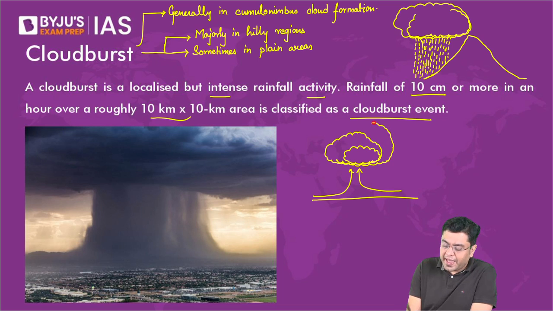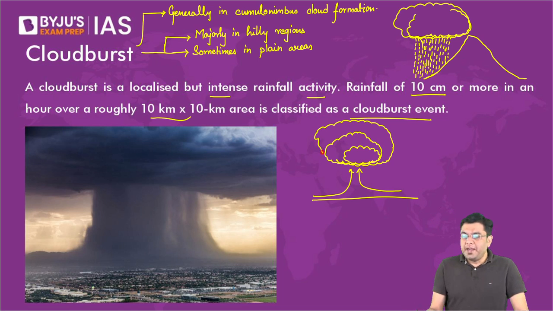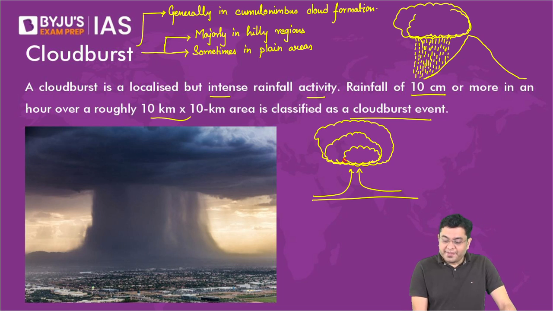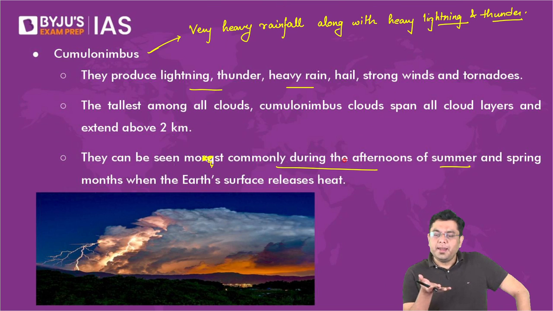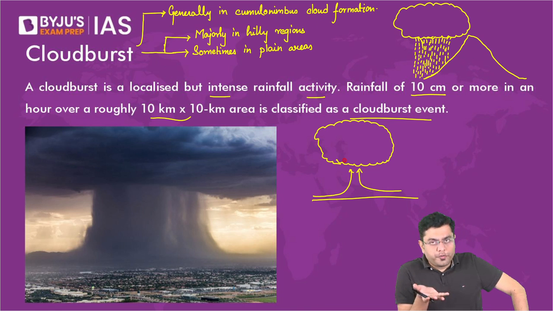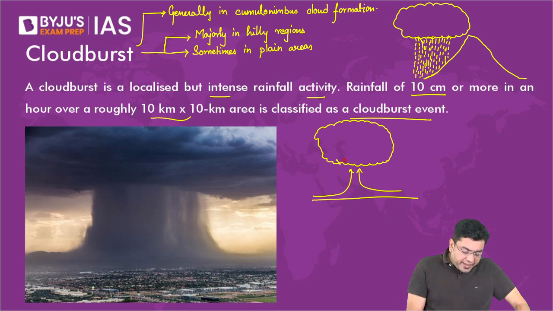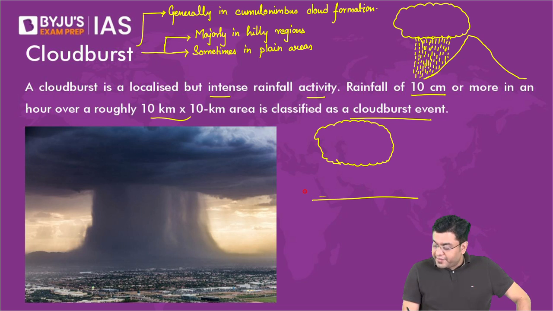Now, as long as the winds are present, they keep it aloft. But the moment the wind disappears, let's suppose the wind disappears, then what will happen? In that case, all of that will suddenly come crashing down. And that is what you experience as a cloudburst.